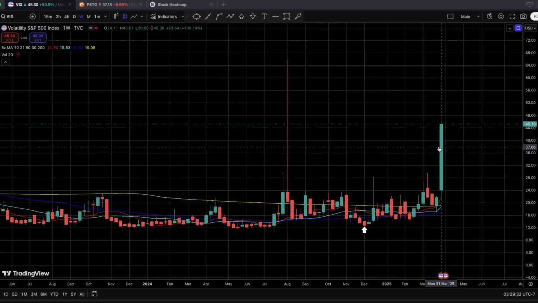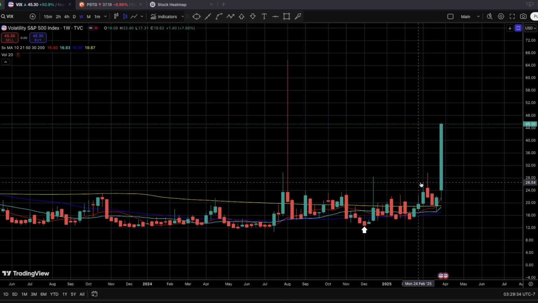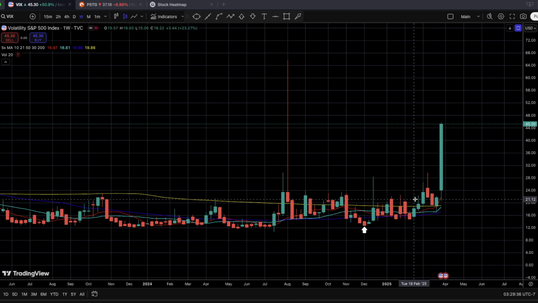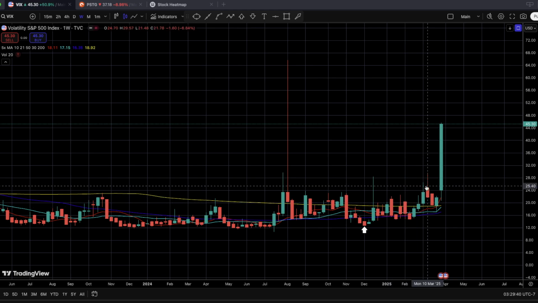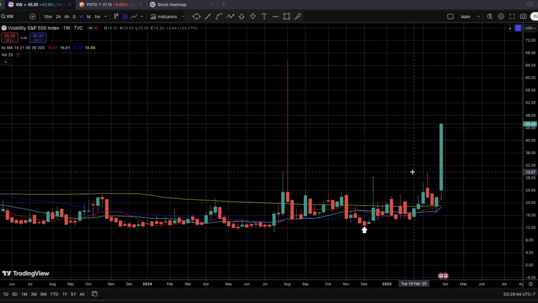However, as I stated multiple times before, around late February I suspected that this move up higher in the VIX was starting to look very constructive. And with constructive VIX comes increased selling pressure in the overall markets and more of a constructive expansion in the overall market vol.